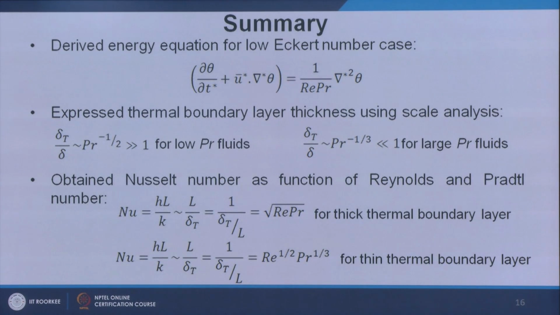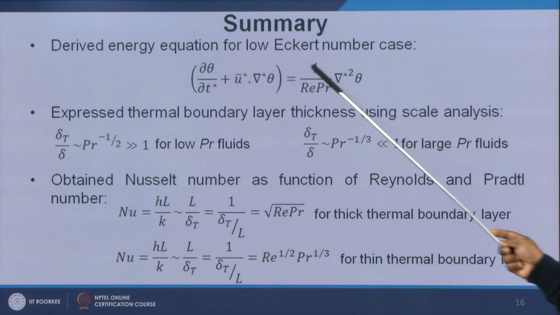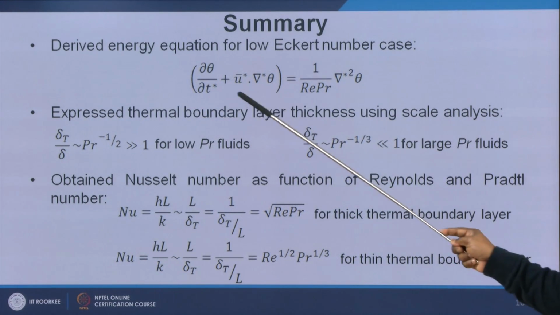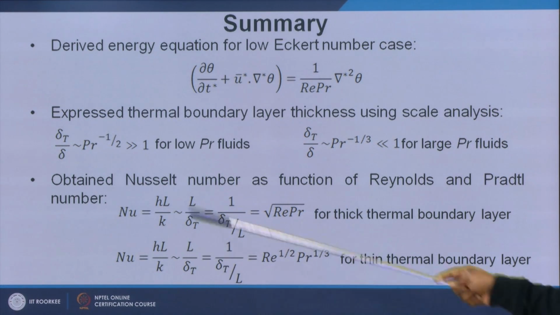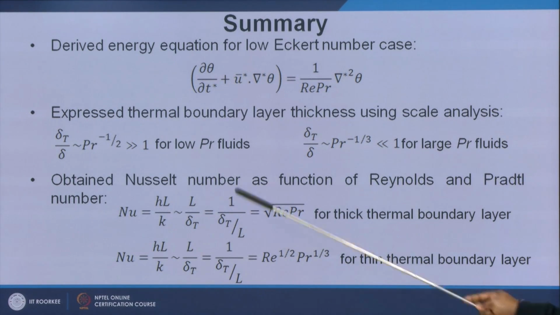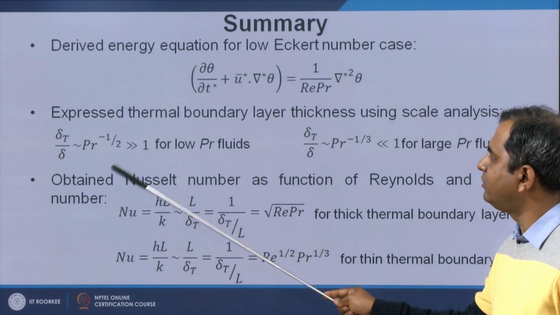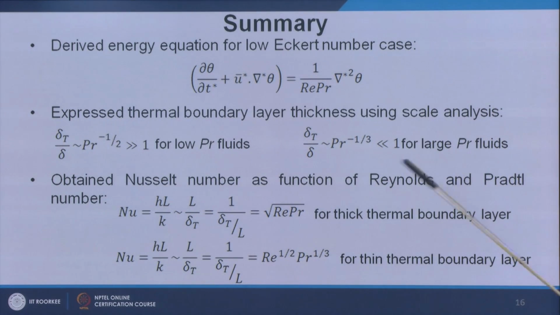Let me summarize what we have learnt. We have derived the energy equation for low Eckert number cases, by neglecting two terms, the pressure gradient and the viscous dissipation. And we have expressed the thermal boundary layer thickness using scale analysis. For low Prandtl number fluid it is of the order of Prandtl number to the power minus half, and for large Prandtl number fluid it is of the order of Prandtl number to the power minus 1/3.